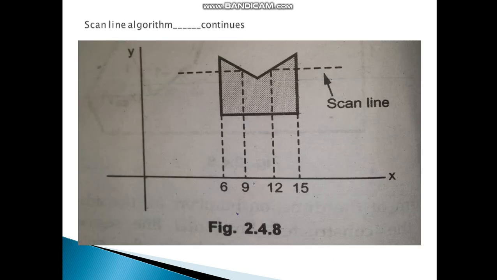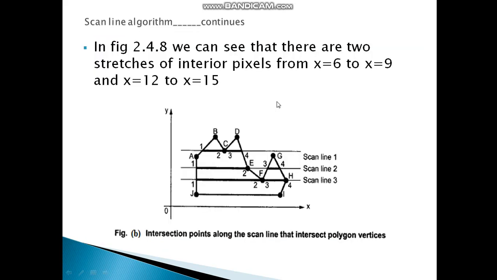Here is the point. This section is one pair and this section is another pair. So by using these paired values, we fill this portion in one color and another color.